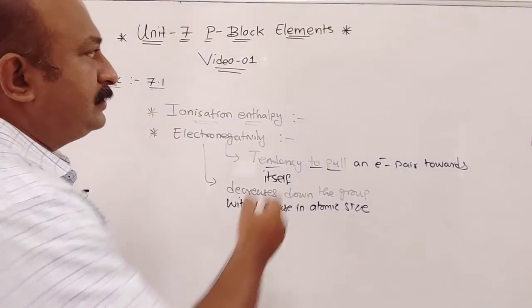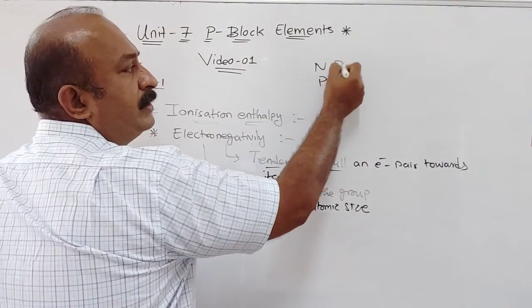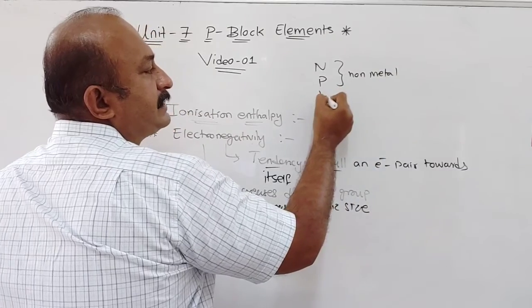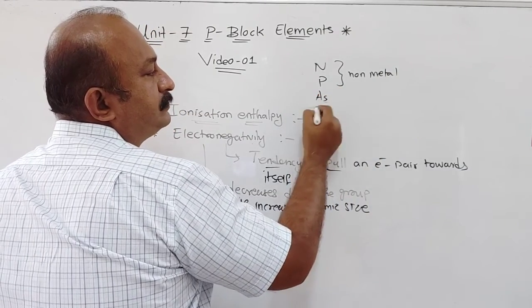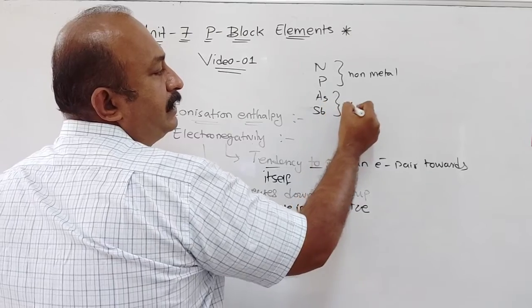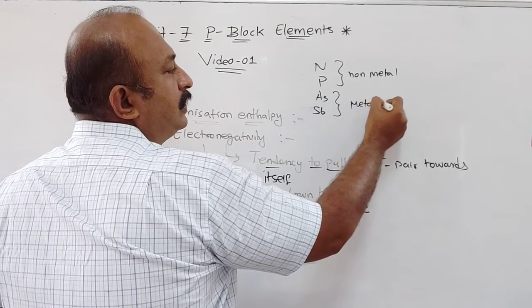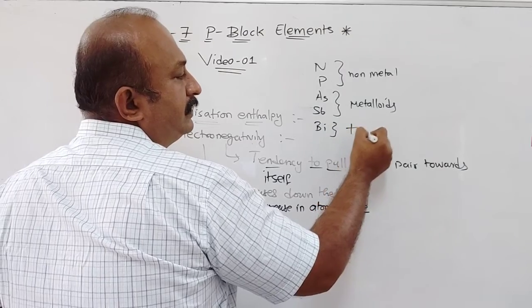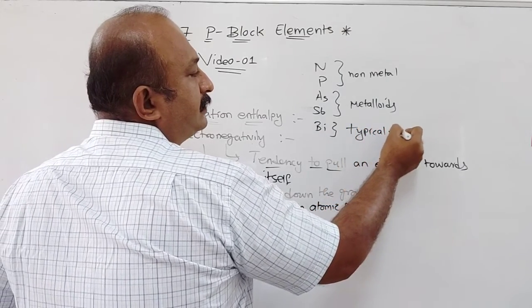So first, nitrogen and phosphorus are non-metals. Then arsenic and antimony are metalloids. And bismuth is a typical metal.